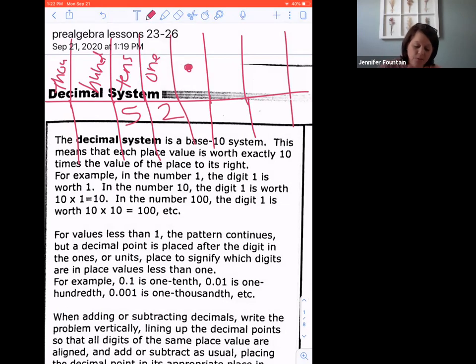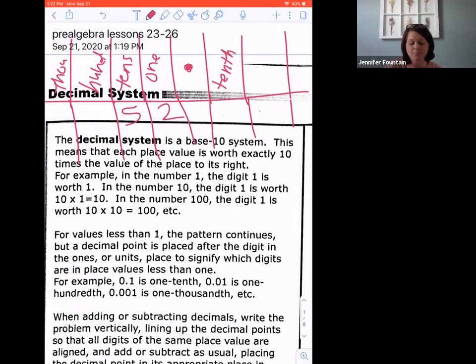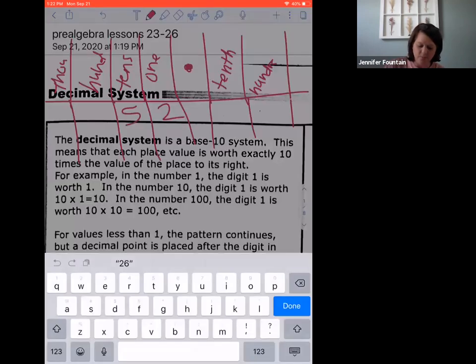But then we learned about the decimal, and on the right hand side we have the tenths column, TENTHS. Remember that everything past the decimal has that THS on it. And then the hundredths, and then thousandths.